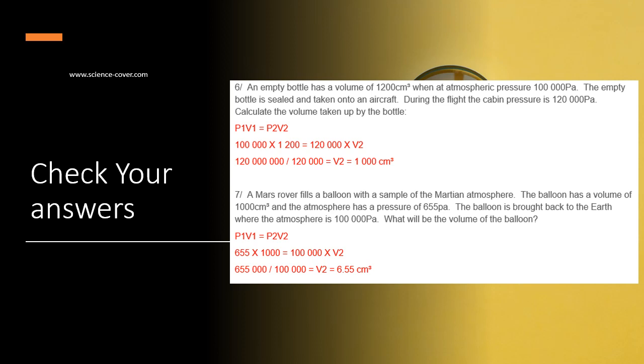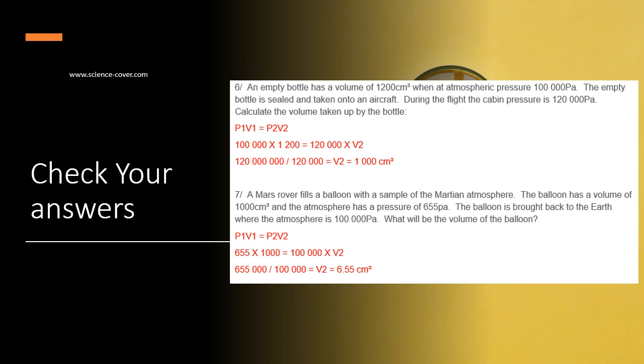P1 and V1 are the pressure and volume before we go onto the aircraft, so that's 100,000 pascals and 1,200 centimeters cubed. So that will equal 120 million. And then the other side of the equation, we've got 120,000, which is the pressure in the aircraft, times the volume that we're trying to find. So if we divide our 120 million by our 120,000, we get V2, which is 1,000 centimeters cubed.